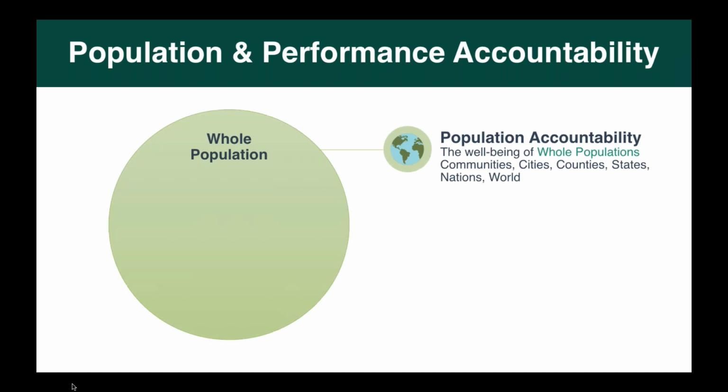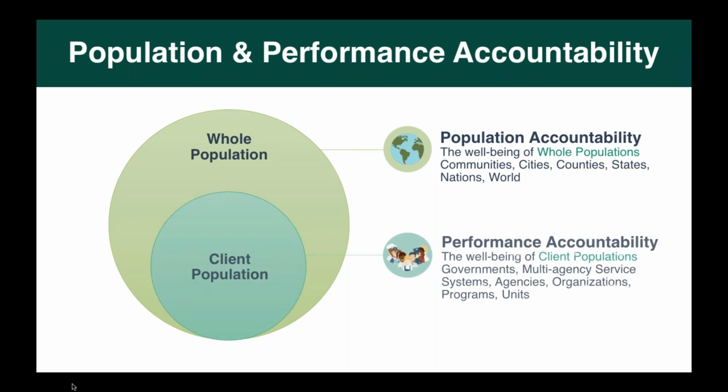Population accountability is the well-being of whole populations in a geographic area, a condition of well-being. Typically, people are safe, healthy, a clean environment, a thriving economy, etc. And we make this distinction because we want to be clear. Performance accountability is about how well a particular government, agency, organization, program is working.